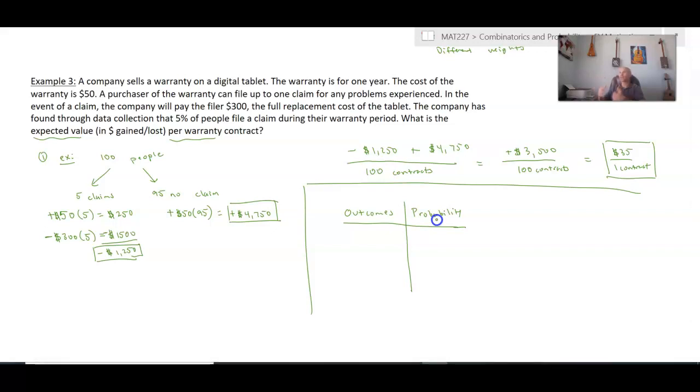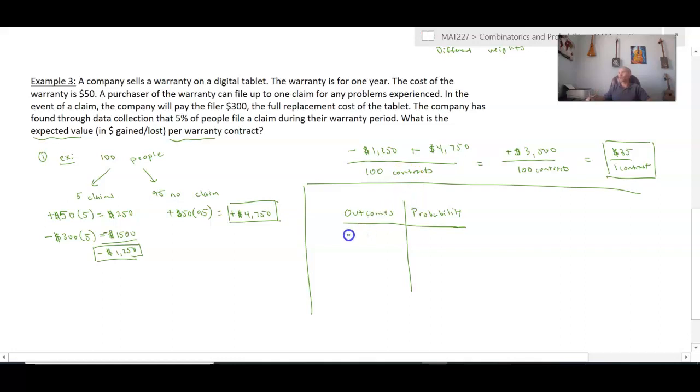So we're going to make the assumption that approximately 5% of people are going to file a claim. Now, you might think that this 100 was very particular and that this $35 per contract was particular to 100 people, but notice that 5 divided by 100 is still 5%, and 95 divided by 100 is 95%.